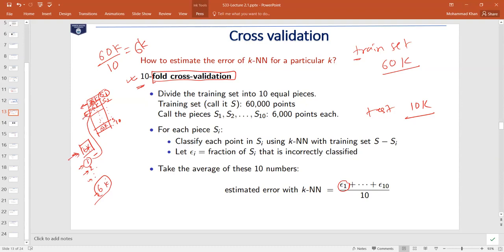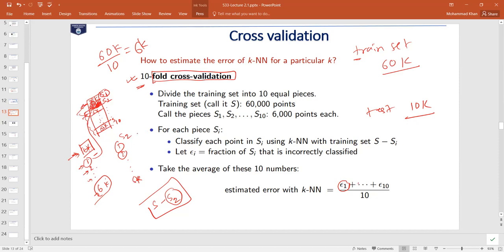For the second chunk, again, we'll take all the images iteratively one by one, 1, 2, until 6K. From the total image set S, we'll remove all the images of S2, so we'll have everything other than this chunk. Then we'll find the labels of all those images of S2 from the rest of the data set and compare with the known labels.